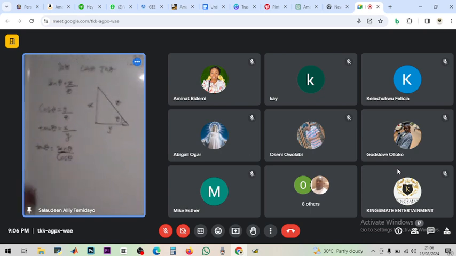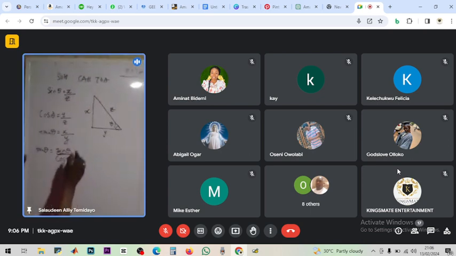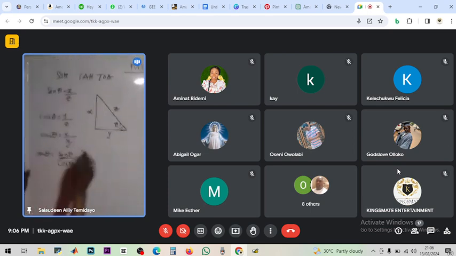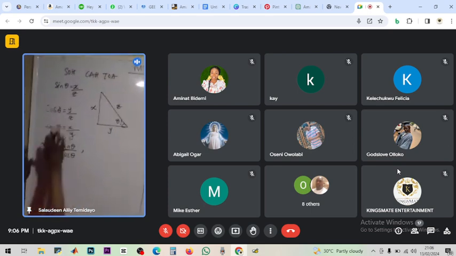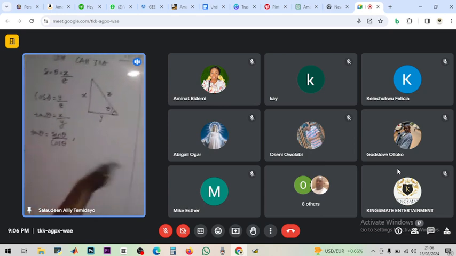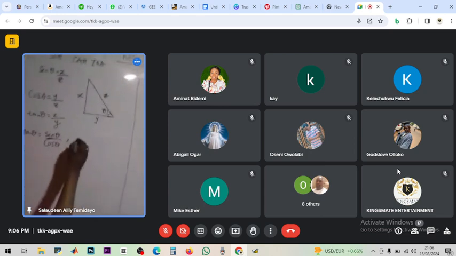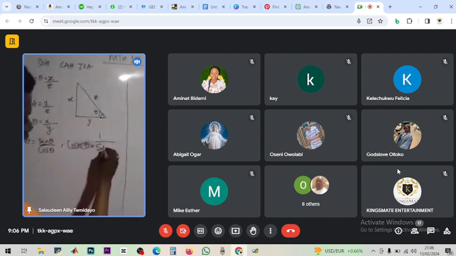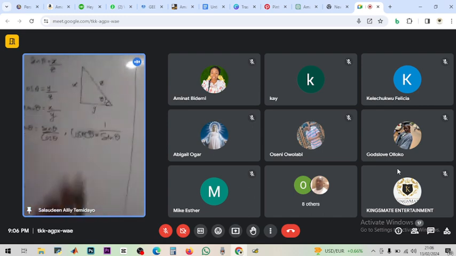Okay, so tan theta equals sine theta over cos theta. There is one thing we call cosec theta. Cosec theta is exactly 1 over sine theta. Don't forget.